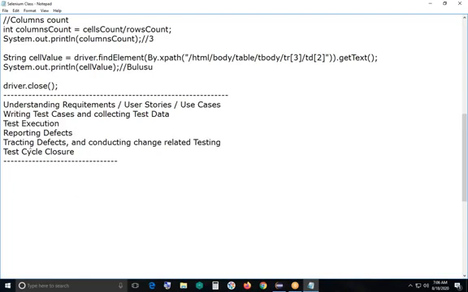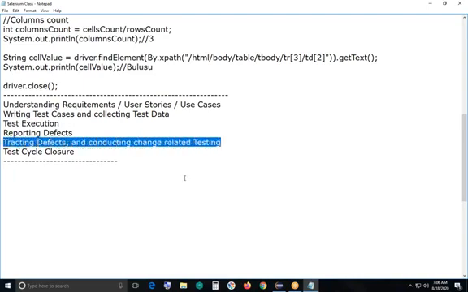After test execution only you can get defects and track them. Sometimes you may postpone some defects, cosmetic defects. Developers may not solve all defects; they may postpone them to the next release.